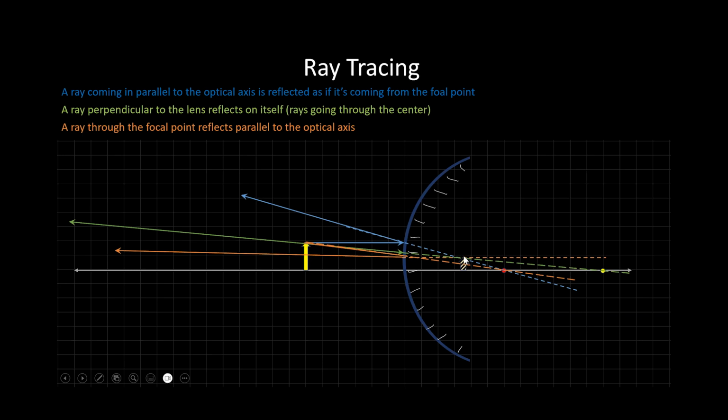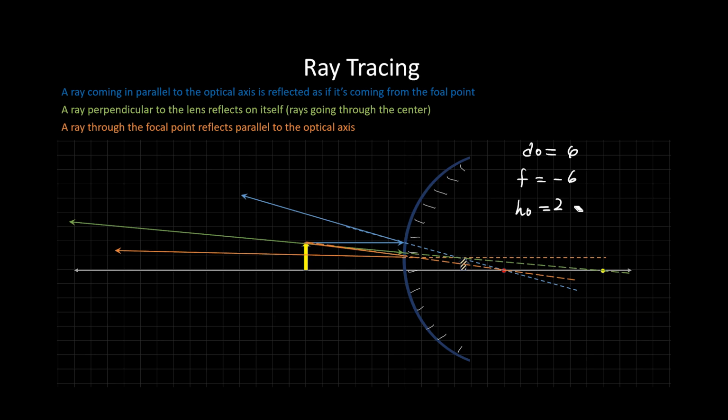So for this problem, we have the DO is 1, 2, 3, 4, 5, 6 units. F is 1, 2, 3, 4, 5, 6 also, -6, because it is for a convex mirror. And H sub O is 2 units.